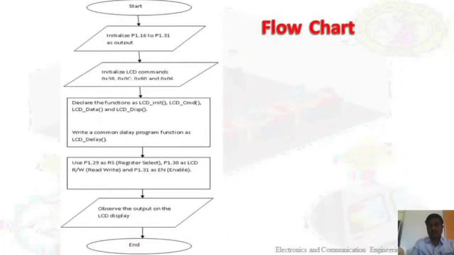The flowchart for this program follows the algorithm we have discussed: start, initialize the port pin values and initialize the LCD commands, then declare the functions for initialize, data, command and display, then delay functions. After that use the port pin registers, that is RS, RW and enable pins, then send the data to the LCD module, observe the output, end of the program.